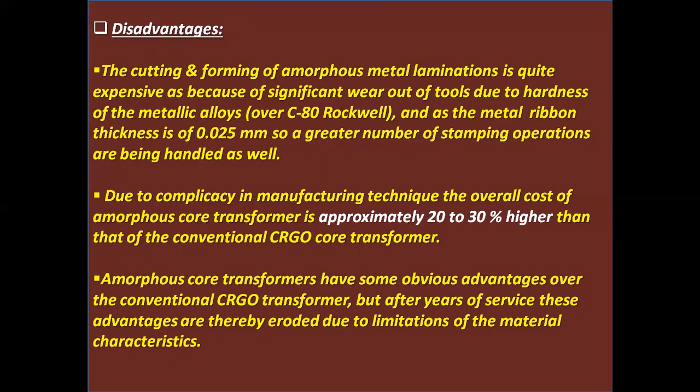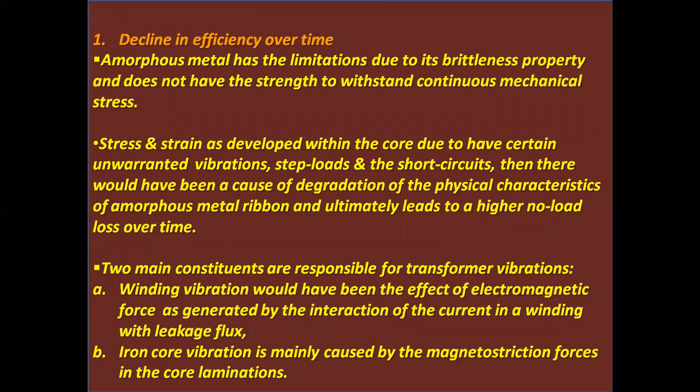Amorphous core transformers have some obvious advantages over the conventional CRGO transformer, but after years of service, these advantages are eroded due to limitations of the material characteristics. Most important, one, decline in efficiency over time. Amorphous metal is brittle and does not have the strength to withstand continuous mechanical stress.